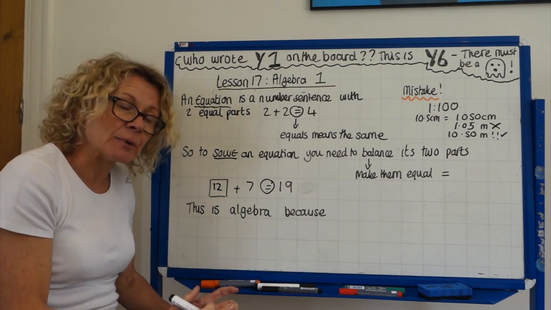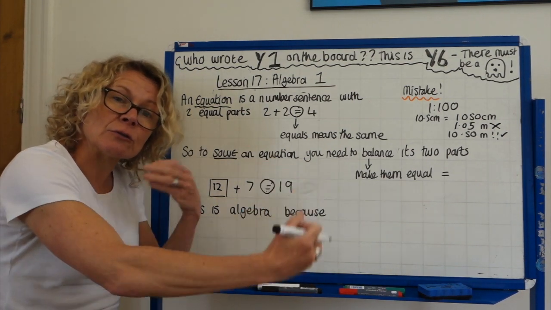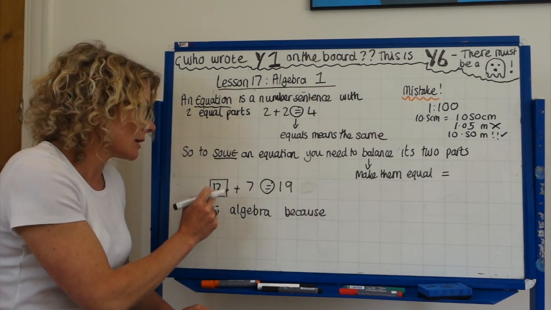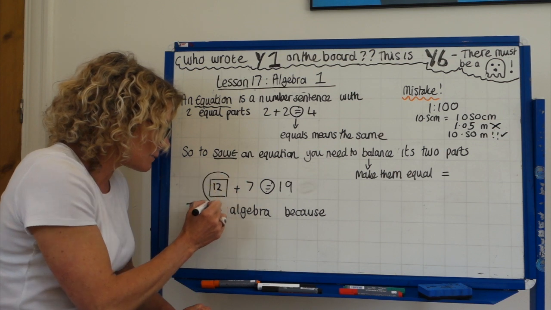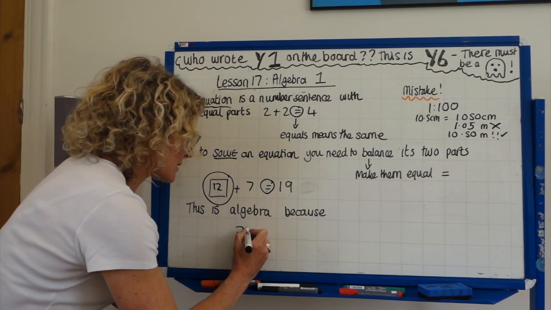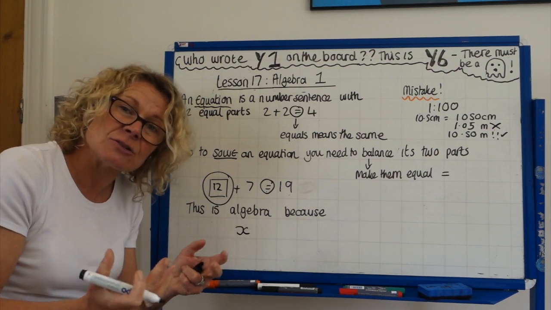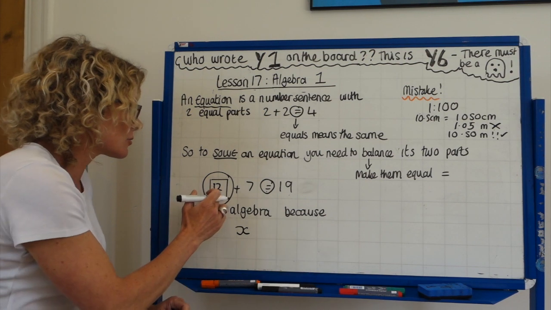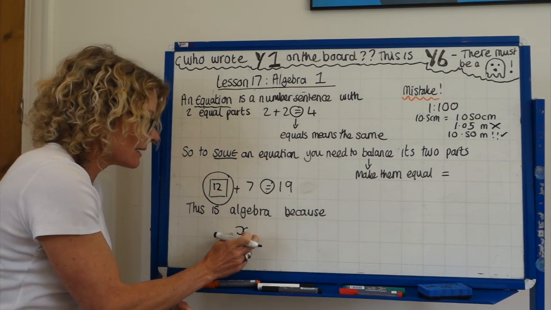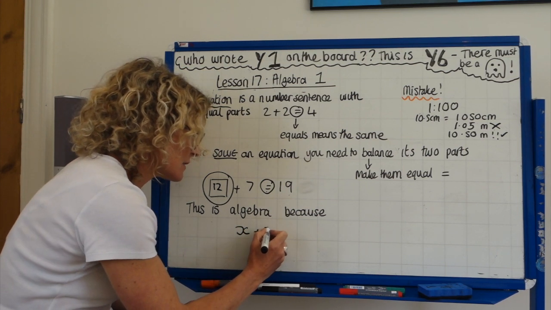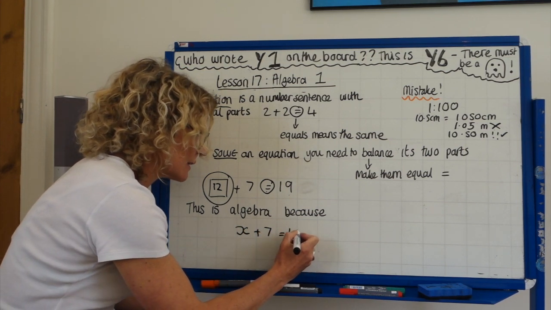And this is algebra. Because when you get a little bit further up and you start key stage 3, you don't have blank boxes around the place. You take this box out and you write instead X. Not necessarily X, you could write A, you could write B, you could write any letters of the alphabet. It just means that that box is replaced by that X. X plus 7 equals 19.